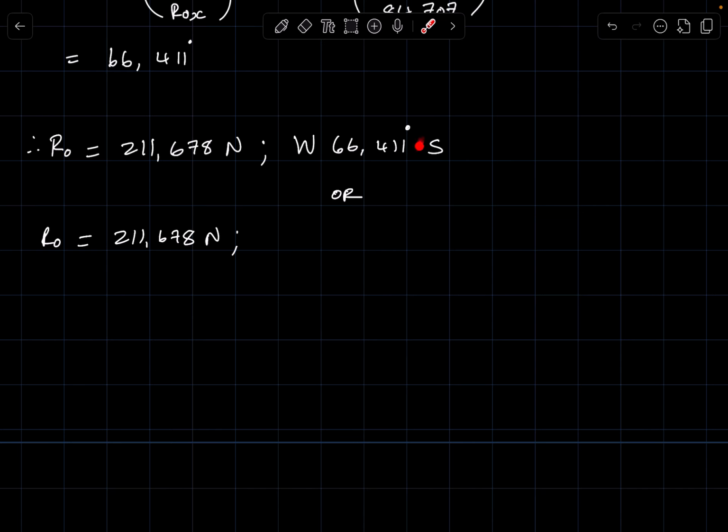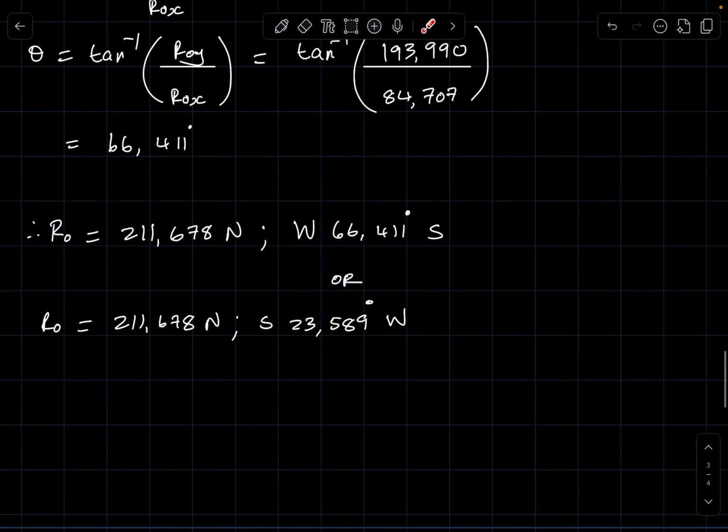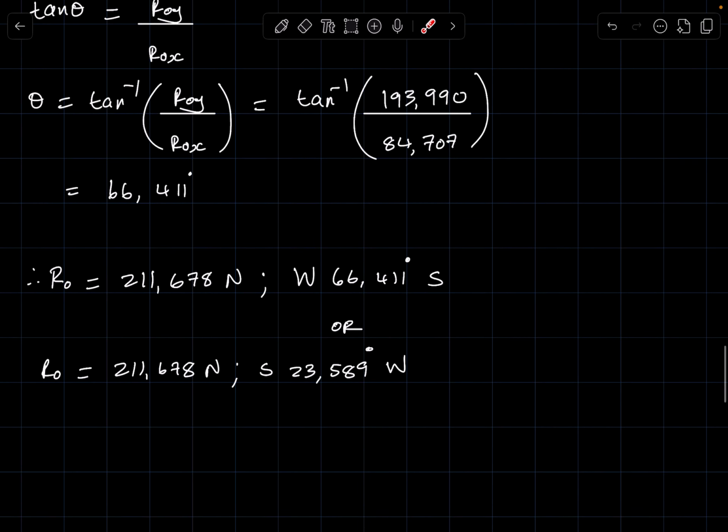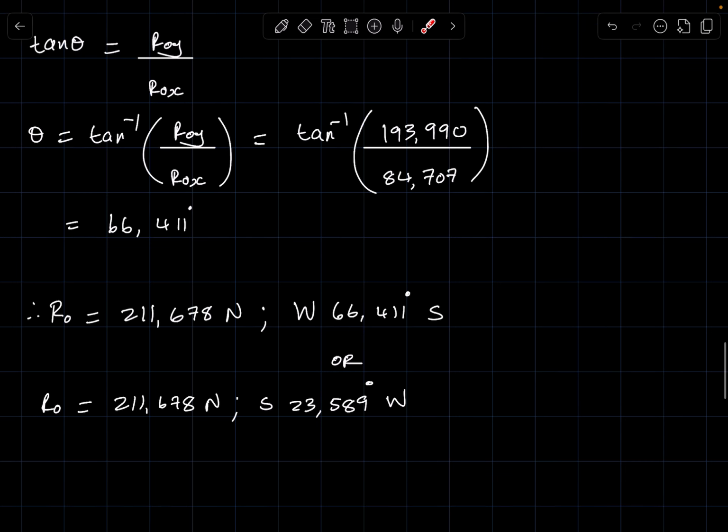The y-axis is referenced from south, so your direction would be south. 90 minus 66.411 gives us 23.589 degrees, headed west. So both of these are correct. You don't need to write both of them though. Like I always say, stick with referencing your angles from the x-axis. Hopefully this was helpful to you.